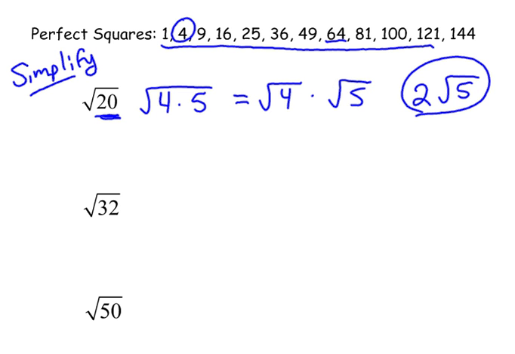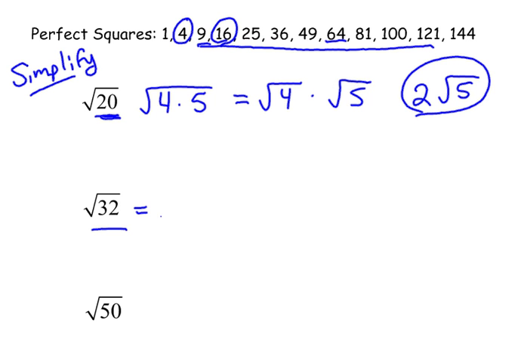Now we're going to move on to the square root of 32. When we look at the square root of 32, we want to look for the numbers that are perfect squares. They go into 32, and we see 4 does, but it's often a good idea if it's one of the smaller ones to keep looking. 9 doesn't go into 32, but 16 does. I would use the larger number because that's going to simplify your process. 32 is 16 times 2.